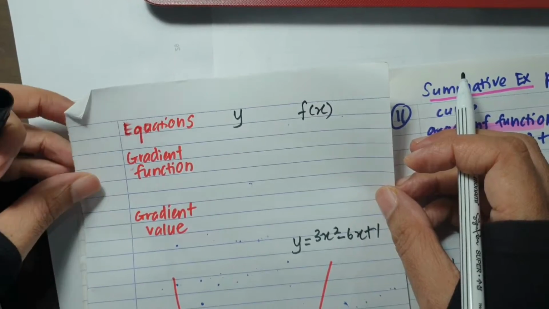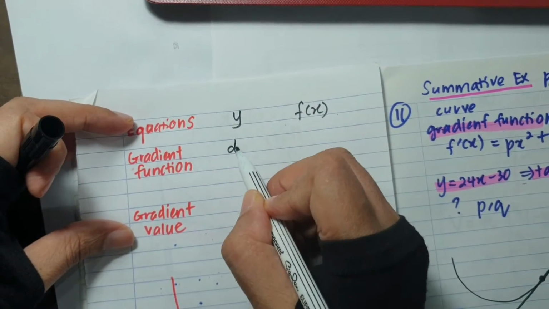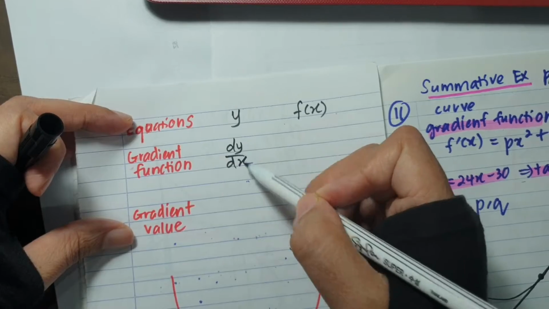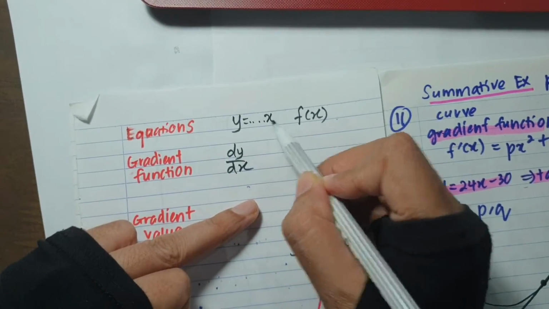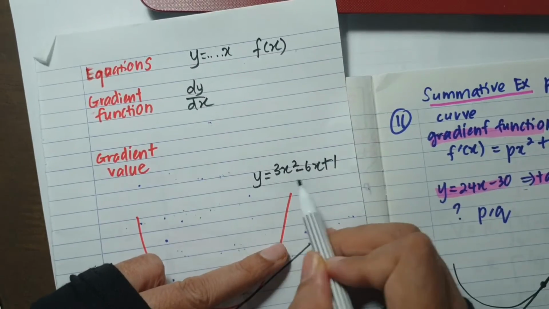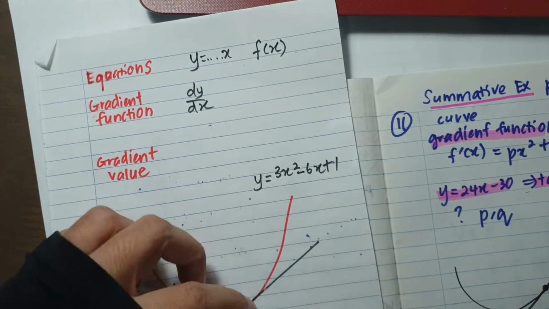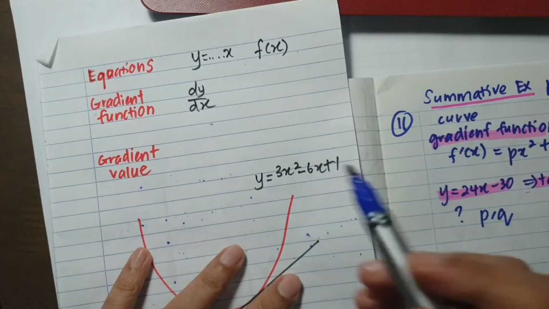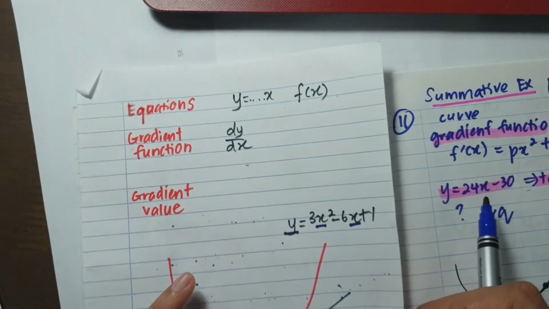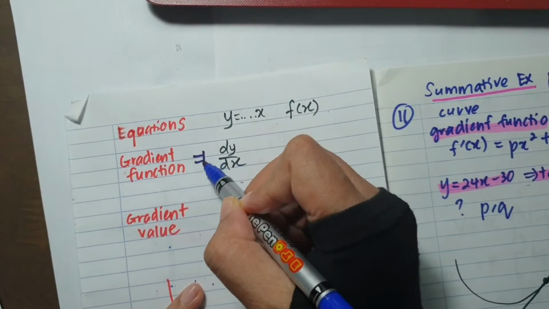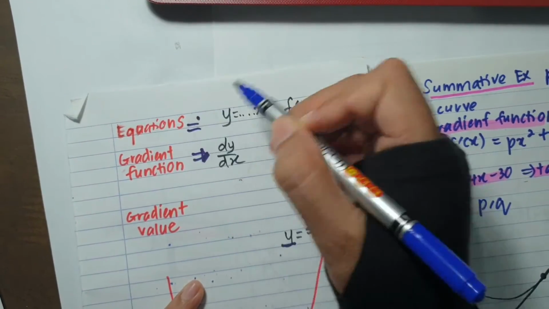The gradient function of the curve is dy by dx, the notation. Why is it dy by dx? Because your function right now is y in terms of x. So you can find dy by dx, where dy by dx represents the gradient function of the curve.